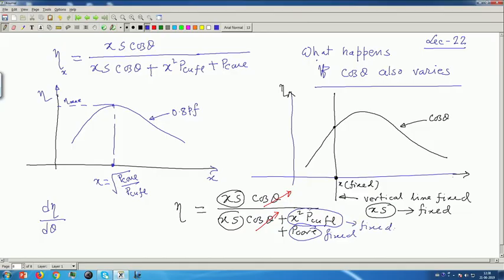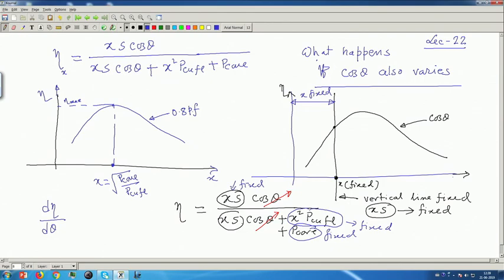I am not going to vary x. At a given x, x s kVA the transformer is handling, tell me at what power factor efficiency will be maximum. So, to do this, x s I will keep fixed, that is this line, x is fixed, and vary theta. Other things are fixed, x being fixed now.